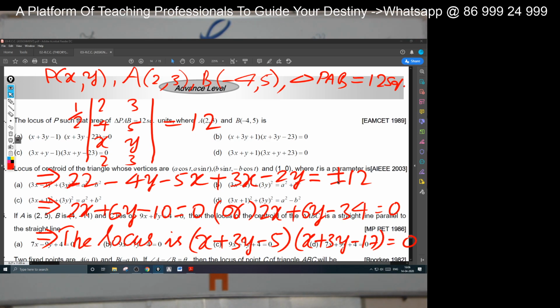12 minus 22. Okay. That's also correct. 12 minus 22 minus 10. This is minus 12 minus 22 minus 34. So dividing with 2, you will get x plus 3y minus 5, x plus 3y minus 17 equal to 0.